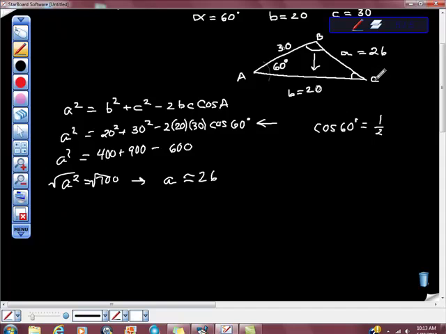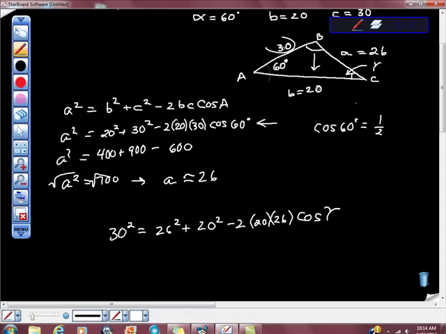I'm going to look for this angular value, this angle here that corresponds with side C, which is usually called gamma. So I'm going to go across from that and say that 30 squared is equal to 26 squared plus 20 squared minus 2 times 20 times 26 cosine gamma.